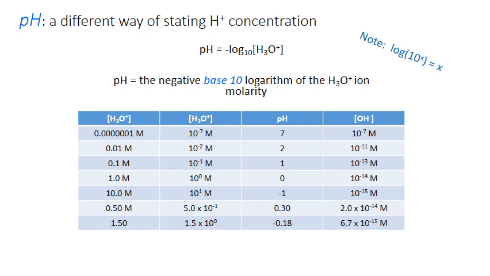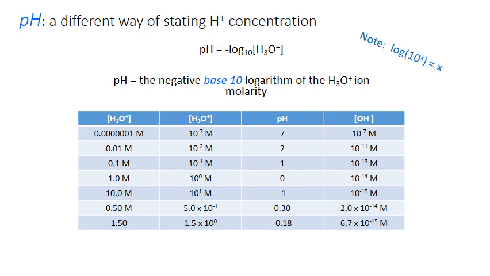So in this next line, it's 10 to the minus 1, the pH is 1. That's actually why it's called pH. It comes from power of hydrogen, the power meaning the exponent on the hydrogen. So if you had 10 to the minus 6 molar H3O plus, the pH is 6.